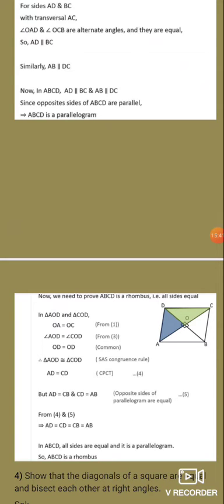Now AD equal to DC, equation number 4, using CPCT. But AD equal to BC and CD equal to AB, opposite sides of the parallelogram are equal. Now from 4 and 5, AD equal to CD equal to CB equal to AB. In ABCD all sides are equal and it is a parallelogram. So we can write ABCD is a rhombus.